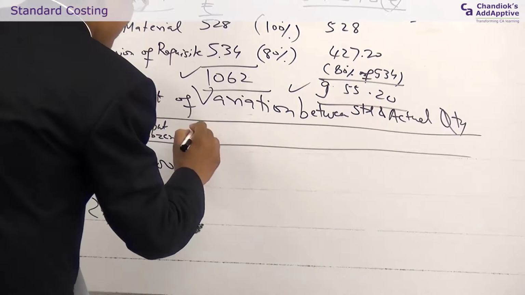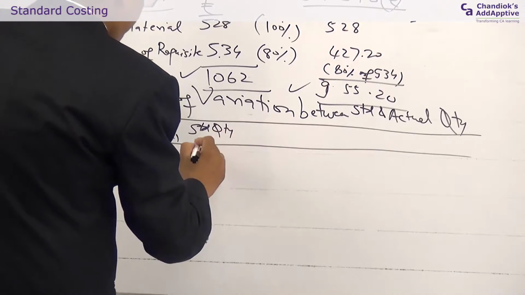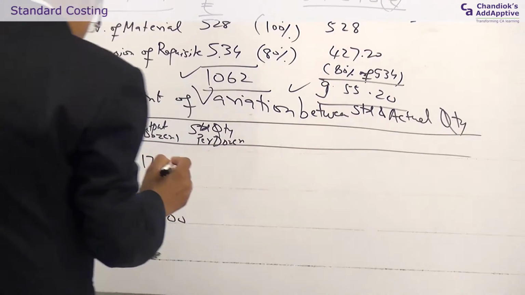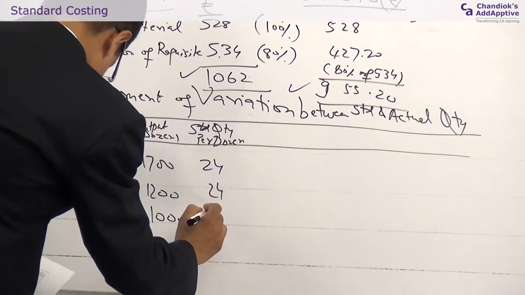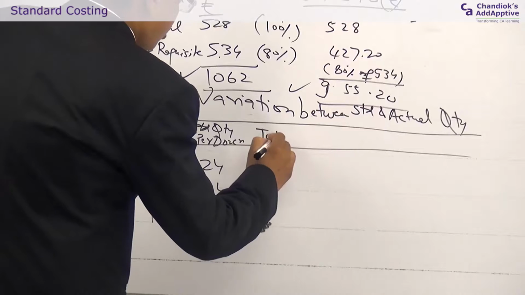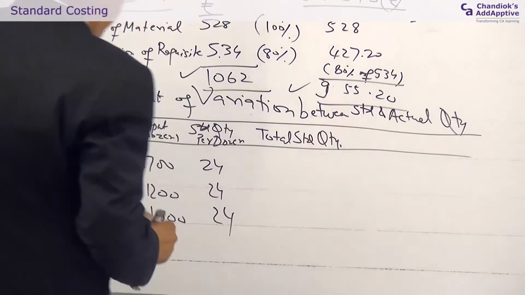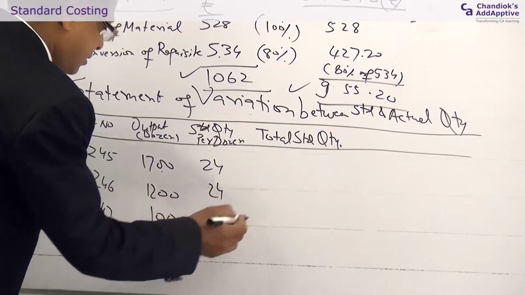Your standard quantity per dozen is provided: 24, 24 and 24. So, total standard quantity, how you get total standard quantity? You multiply these figures.